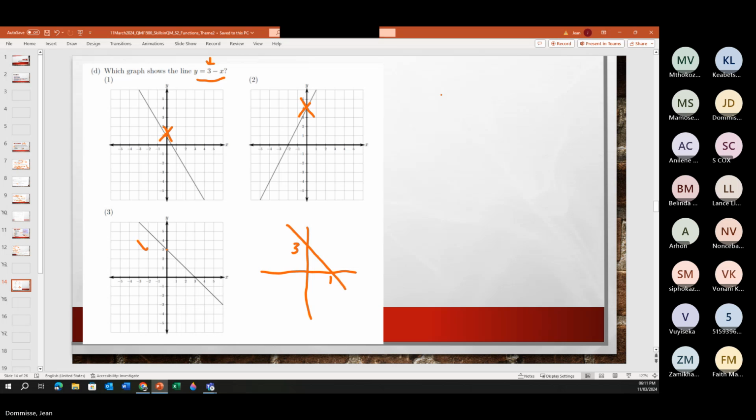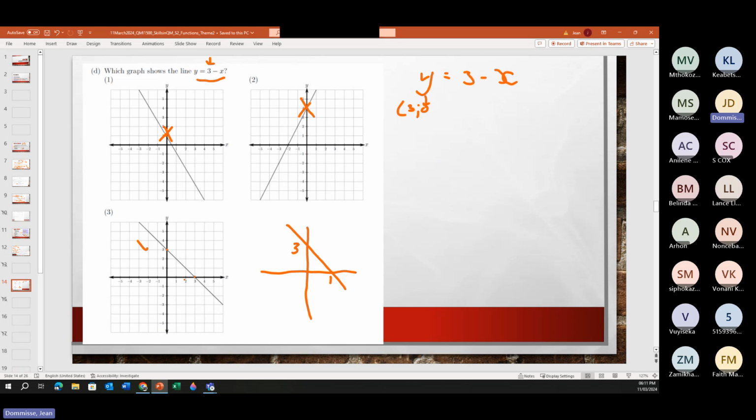What I would do in this instance, so we have a formula y equals 3 minus x, is say, okay, let's put in that point. We know it's 3. So let's put in the point 3 and see what that point is.